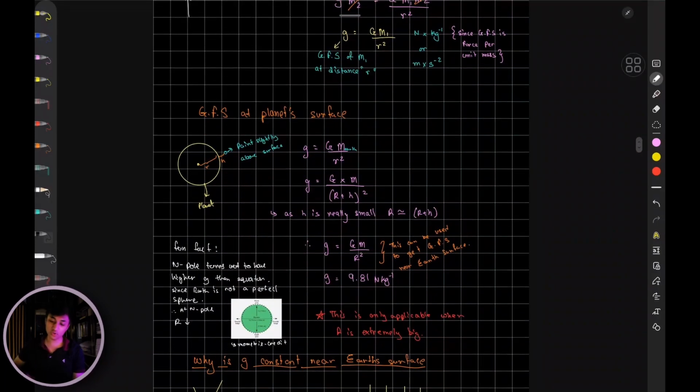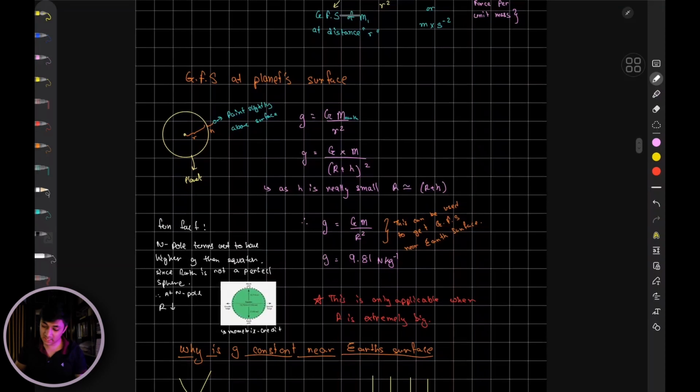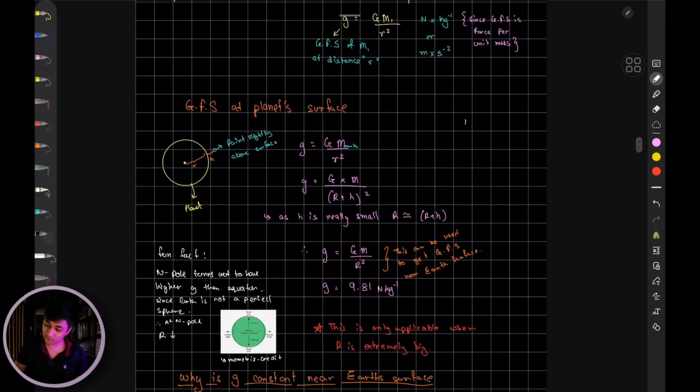Next up, we're going to learn about the gravitational field strength at the planet's surface, in our case, Earth. So we're going to see what the gravitational field strength is near the surface of Earth, right? Now, we already know the value g is equal to 9.81. Let's see if we do get this value, right?